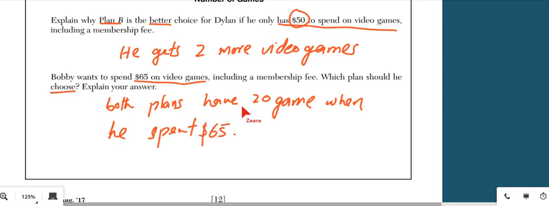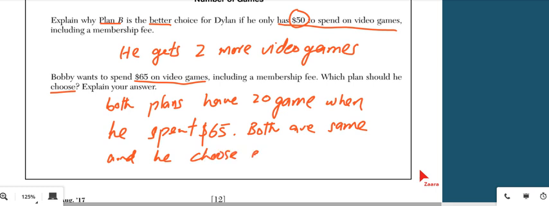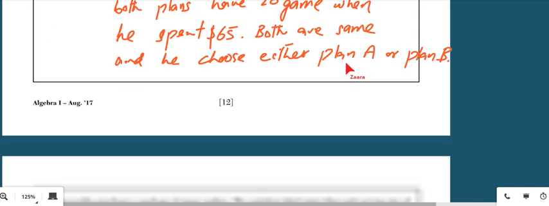Okay, so he can choose either. They are both the same, and he can choose either plan A or plan B. Okay, so with the help of a graph, we can answer such types of questions.